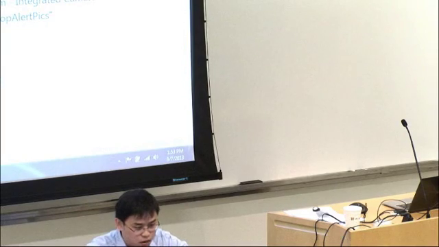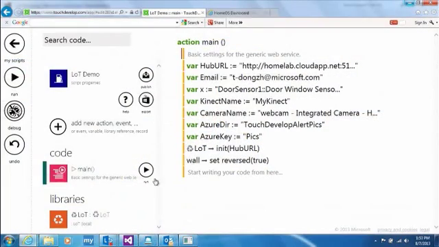Okay. So what we first want to do is go to touchdevelop.com. After signing in, I can find the Lab of Things library, and I want to make sure that the Lab of Things library is referenced here. My application is called Lab of Things Demo.